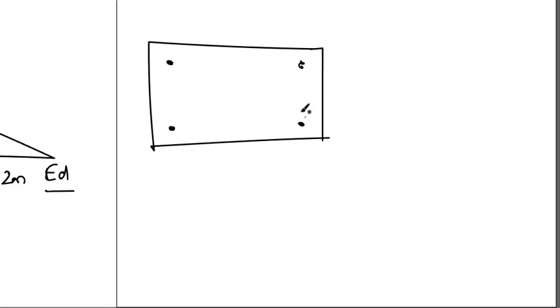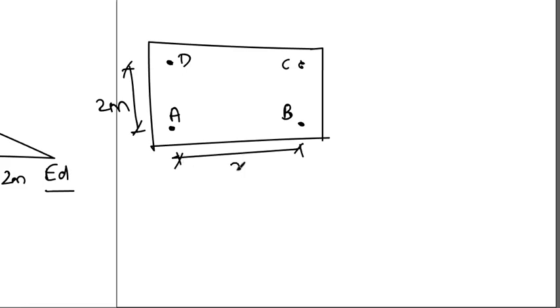Let's consider them as A, B, C, D, and the distance between the luminaires vertically is 2 meter, and horizontally it's 3 meter. So the luminaire at A will have some amount of influence at C also.